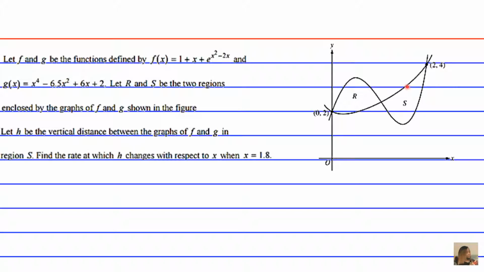And if h is defined as the length in region S, that means it's bound by f on the top and g on the bottom. So you basically just have to find the derivative of the difference between functions f of x and g of x.